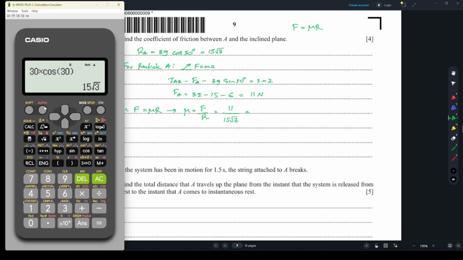So with that one, always when I have a division, I use this key to have division. So 11 over 15 times root 3. So you will have this answer, and with the decimal you can have this.